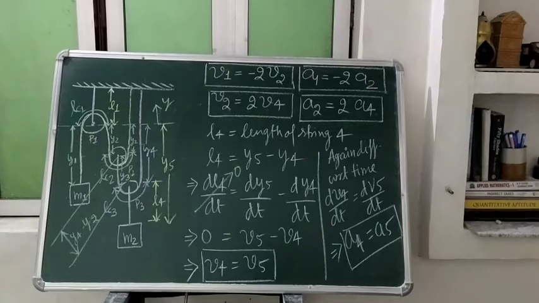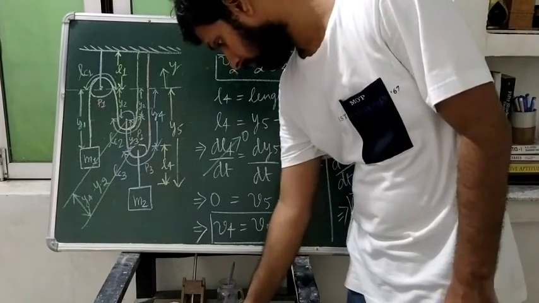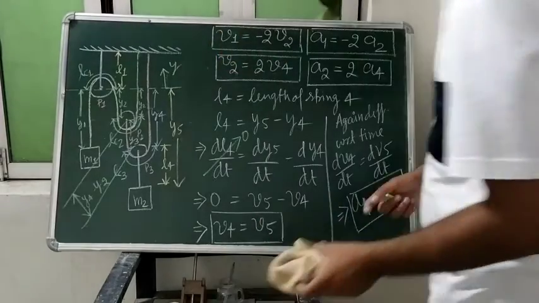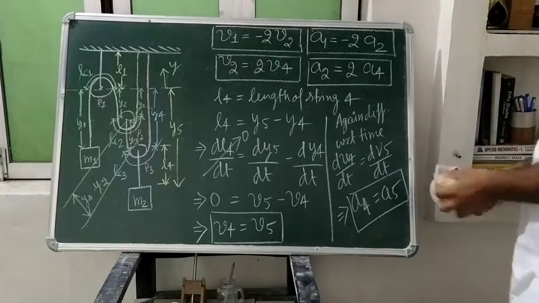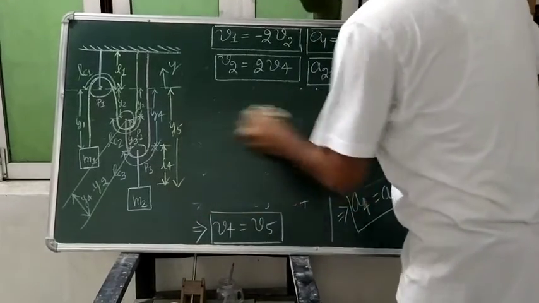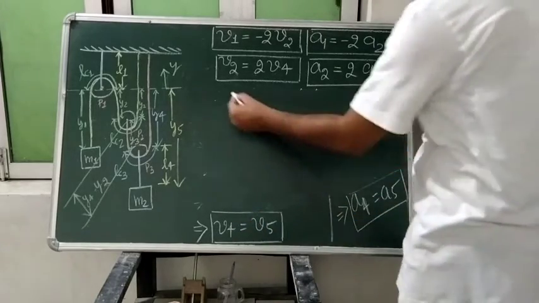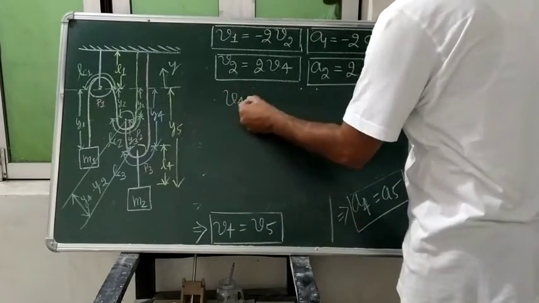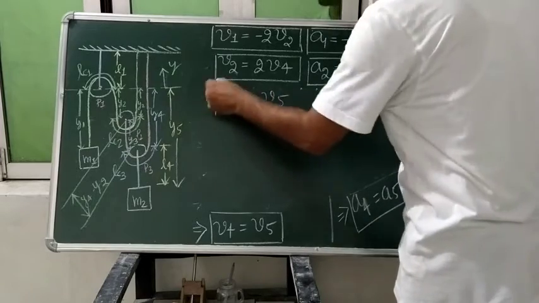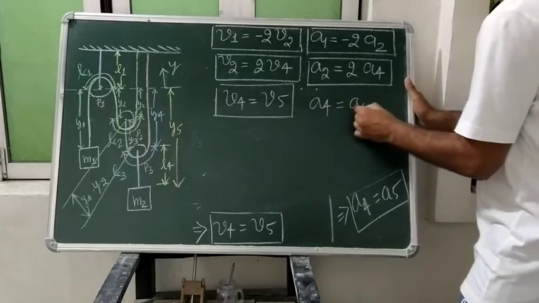Come right up to here. So from here we are getting that our V4 will be equal to V5, or you can say that our A4 will be equal to A5.